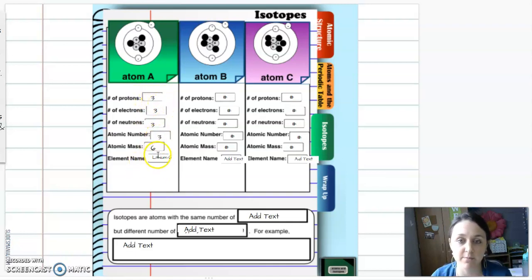Protons will always be your atomic number. So let's do this one. This one, if we look at it, atom B has 3 protons. So I know it's still the same element. I can go ahead and go down here and I can put lithium. I'm going to have to come back in a minute and write the mass out to the side. The reason that number is always the mass, by the way, is because we already know what the atomic number of lithium is.